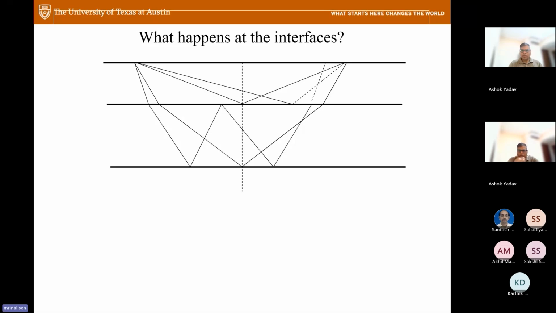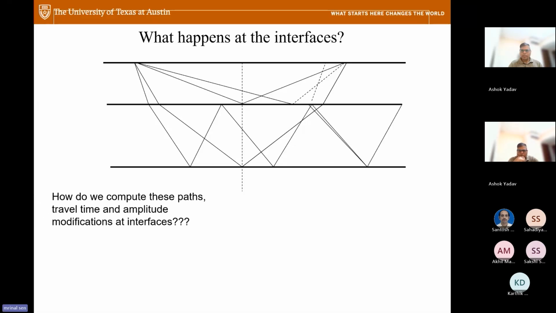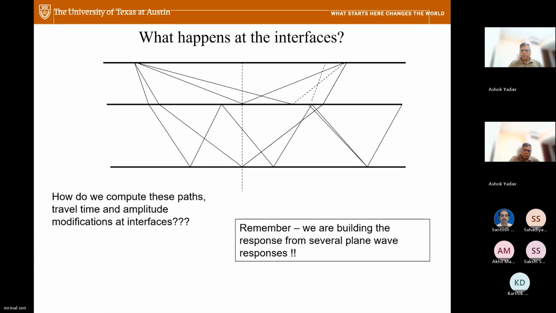And each ray here is defined by its ray parameter, right? So the question is, how do we compute these paths, like travel time and amplitude modifications at the interfaces? Now remember that we are building the response from several plane wave responses.